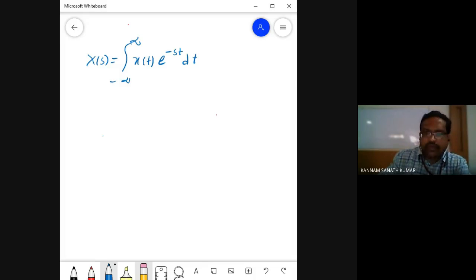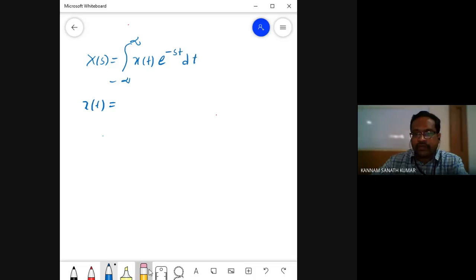Now the inverse Laplace transform. If you want to find the inverse Laplace transform, x of t equals what? When x of s is given, you need to find x of t.